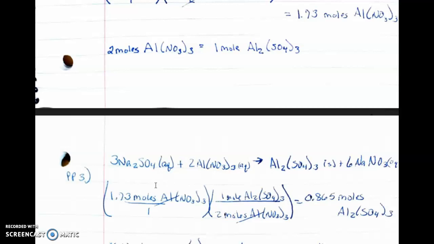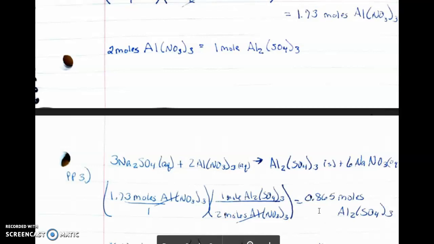And so this becomes a division problem, right? 1.73 moles of aluminum nitrate divided by 2 moles of aluminum nitrate is going to tell us how many moles of aluminum sulfate I'm going to generate. And I find that that is 0.865 moles of aluminum sulfate. And again, because I have 3 significant figures here, I want 3 significant figures in my answer.